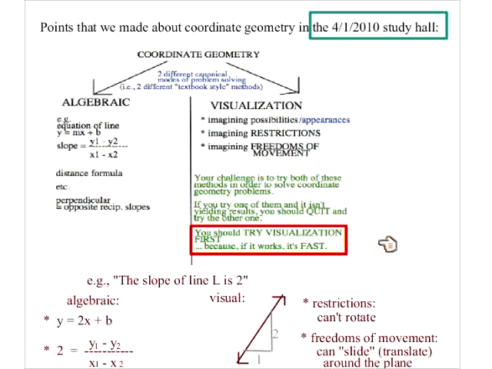On the other hand, if a visual approach does not work, you will know that in like 5 seconds. If you don't know what something looks like, you're going to realize that really quickly. So if you're unsure which of these to try first, it's always better to go with visualization first because it's very fast.